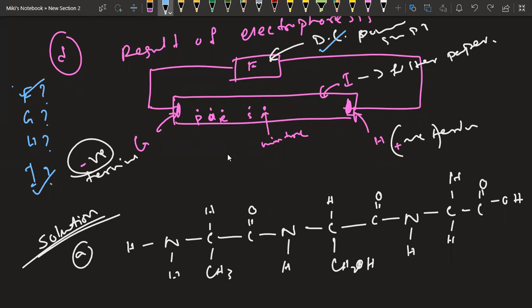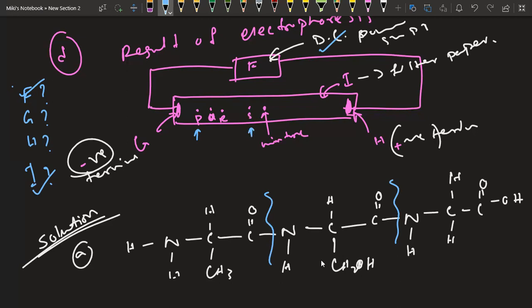So based on their size, their mass, they travel. From here, what could be observed? P travels the maximum distance, so P should be the lightest, and S travels the shortest distance, so it should be the heaviest. But observe, after breaking, we have only three components.